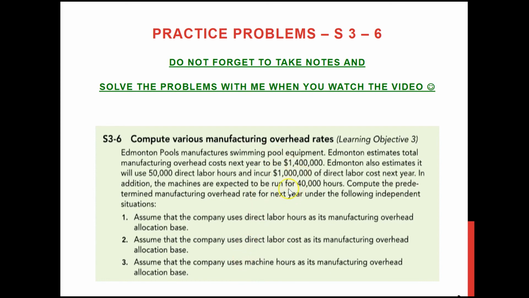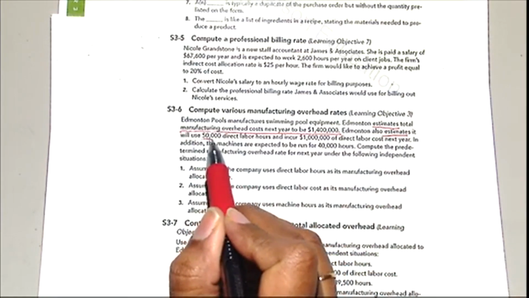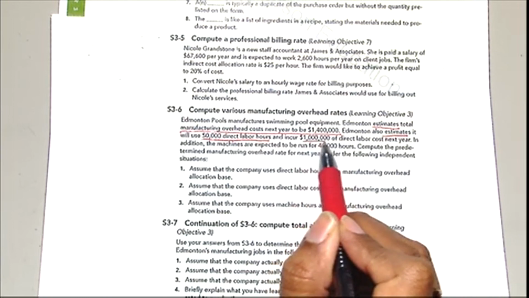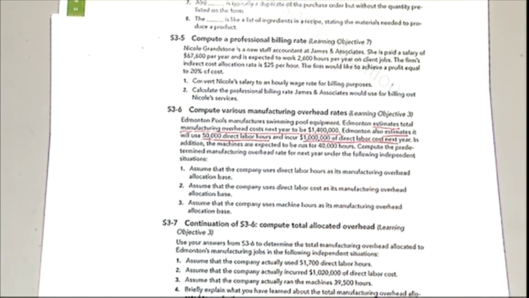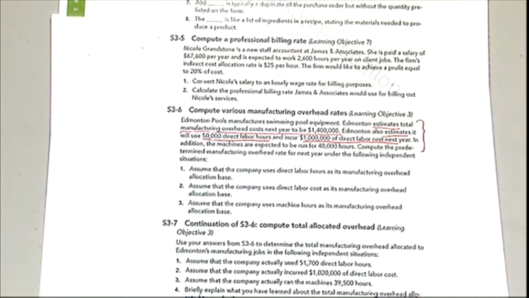Using all this information, we will calculate the predetermined manufacturing overhead rate. Everything is an estimation. It will use 50,000 direct labor hours, and another estimation is that it will incur 1 million in direct labor costs next year. So every piece of information is given here, and all of these are their estimates.